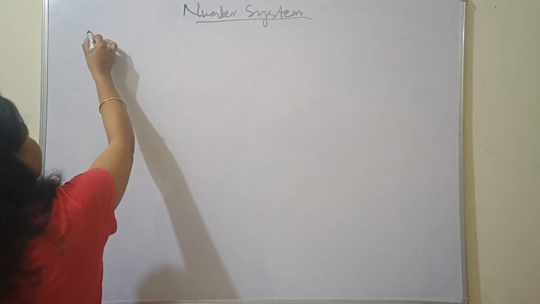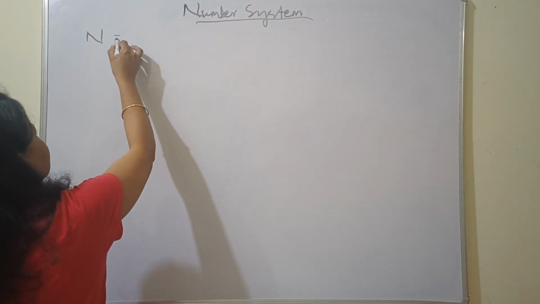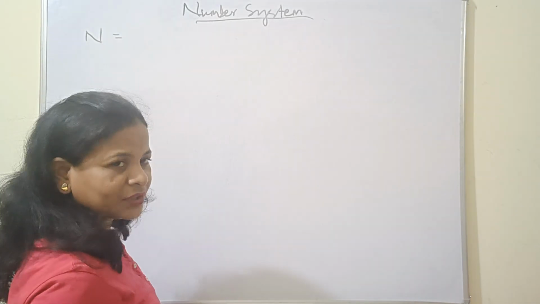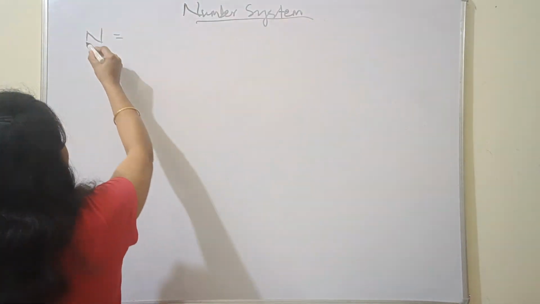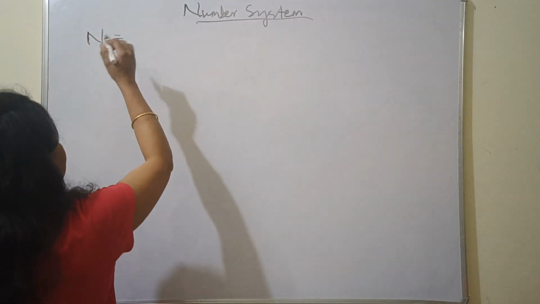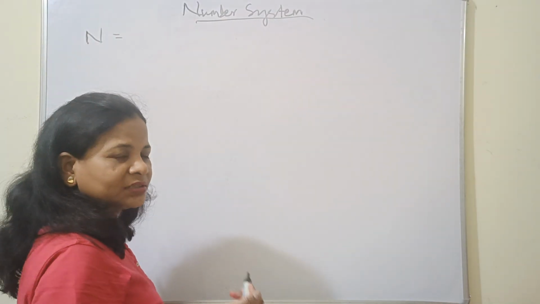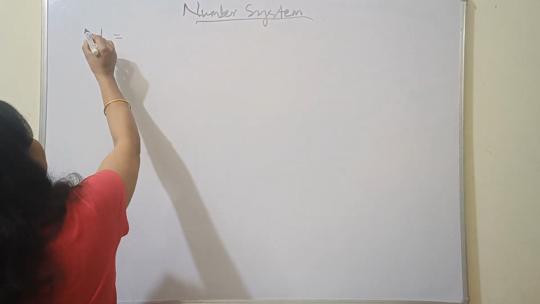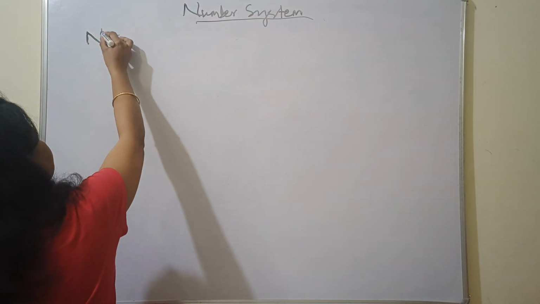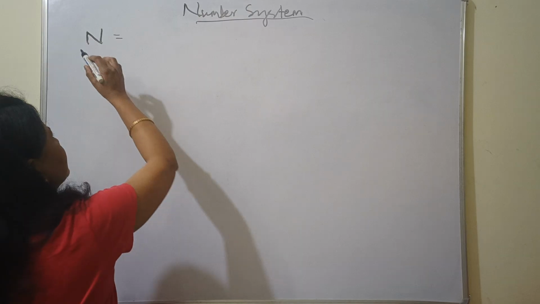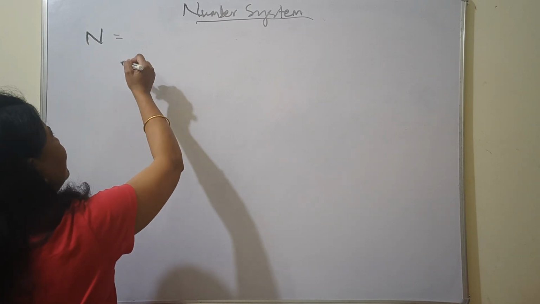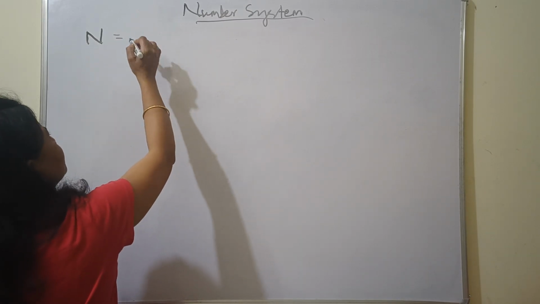What is the set of natural numbers? You remember you have studied in the lower classes. In the previous classes you have been studying about the natural numbers, whole numbers, integers, rational numbers, etc. So the set of natural numbers is represented by the letter capital N, and it consists of which numbers?